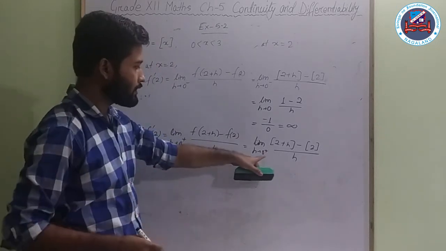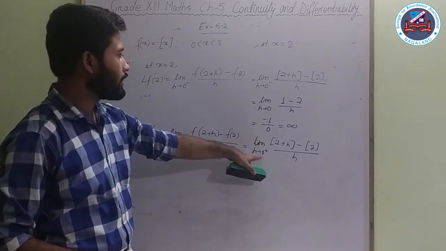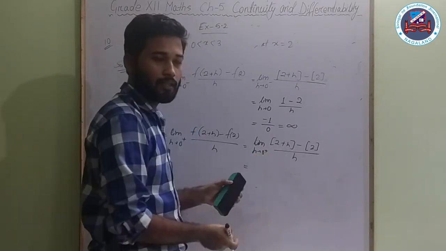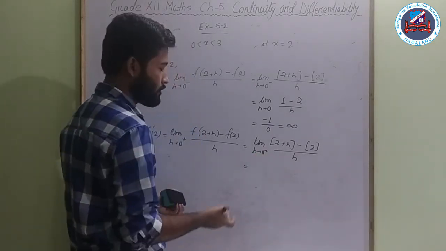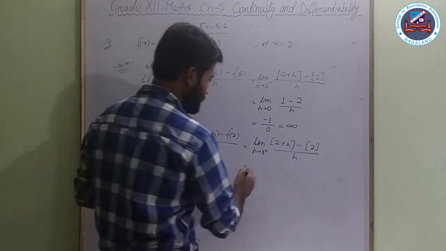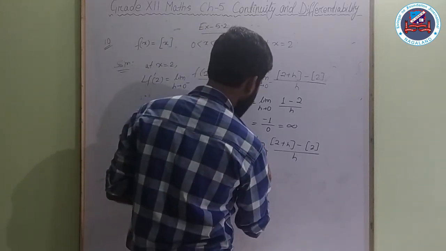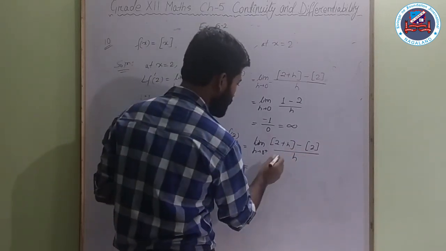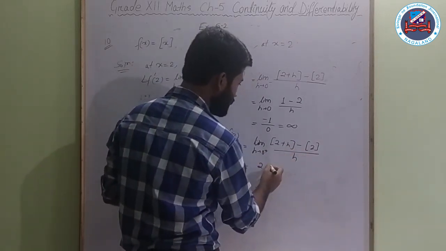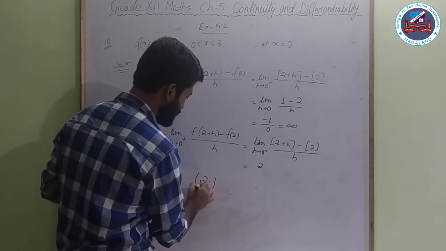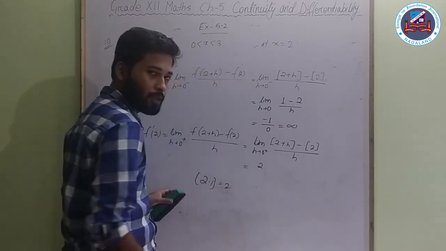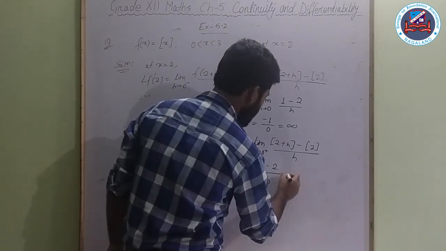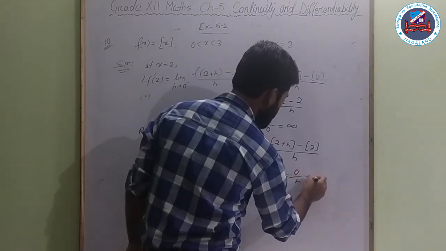Now here we can see that h is an increment of 0, something like 0.0001. So if I add 2 plus 0.0001, it will be 2 again, because if we have the greatest integer function of, suppose, 2.1, it gives us 2 only. So 2 minus 2 divided by h is 0 by h, which is equal to 0.